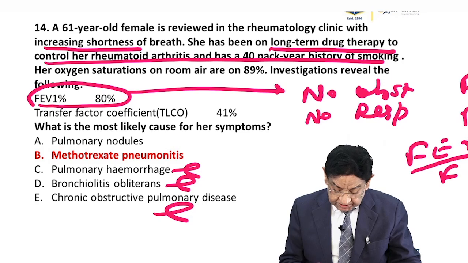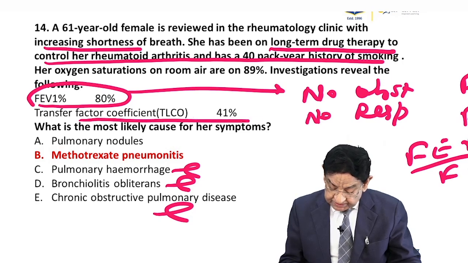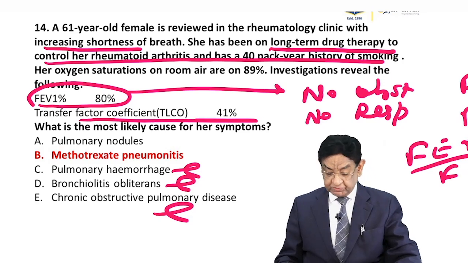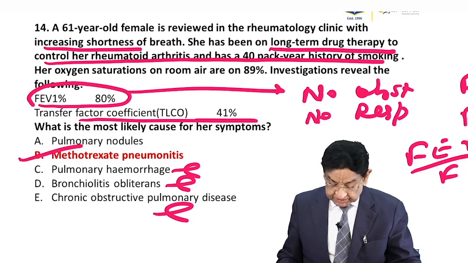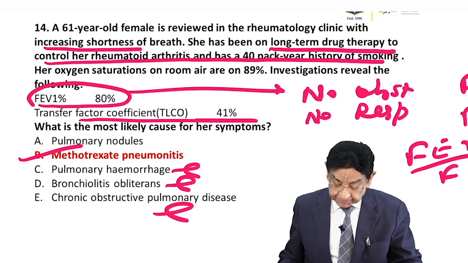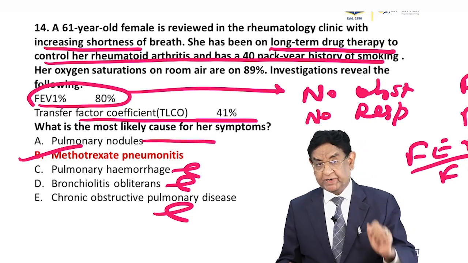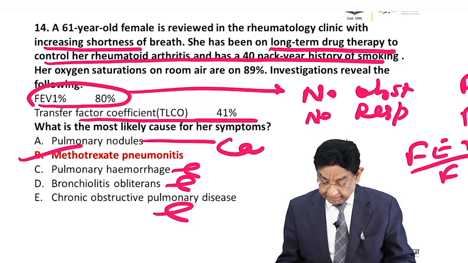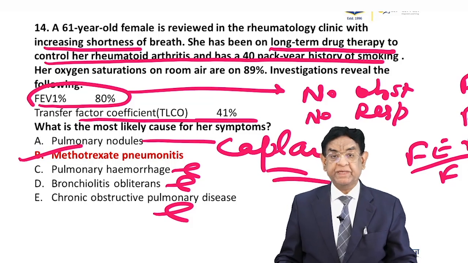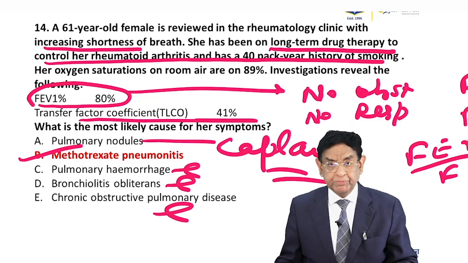Even the transfer factor is 41%. This is reduced. This happens in methotrexate pneumonitis. Okay, nodules are not a complication of the drug. They are part of Caplan syndrome, which occurs when the patient has associated pneumoconiosis also.